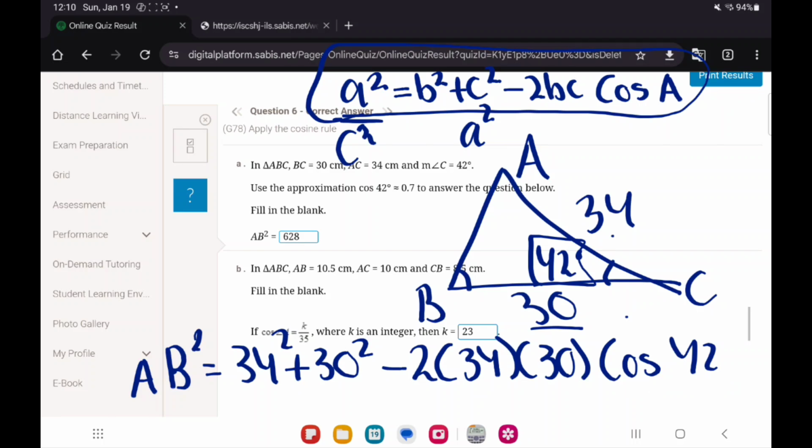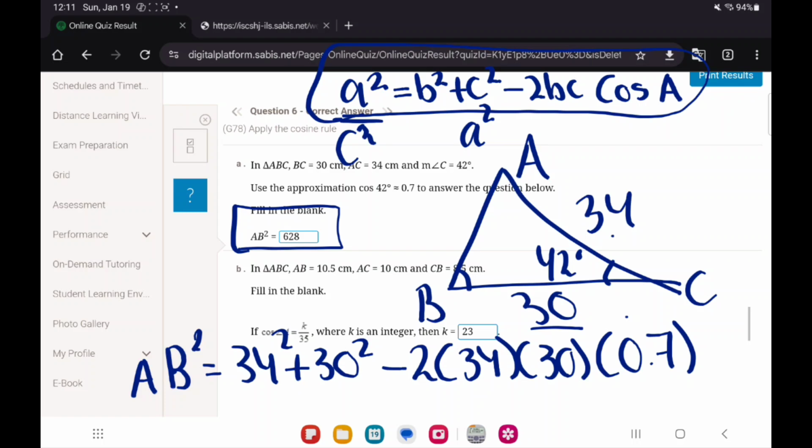You don't have to solve all the rest. So 0.7. You also do it on your calculator. 34 squared plus 30 squared minus 2, 34, 30 times 0.7. 628, and that is the answer you have here.